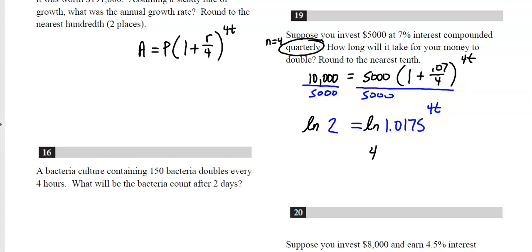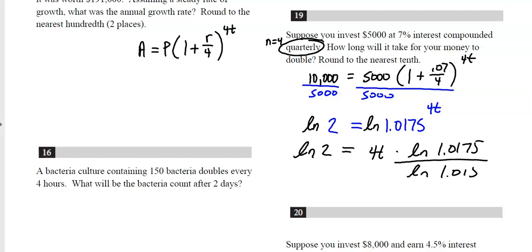And so 4t times the natural log of 1.0175. I just rewrote that right side because I knew that that's a log power I can use. And to get 4t by itself, let's just divide by this little fella and divide by him on the other side.